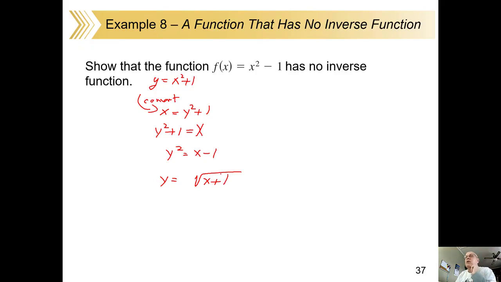When you take the square root, there are 2 answers. So the second one is not a function. If the inverse isn't a function, it's not an inverse function. Anyway, it has no inverse.